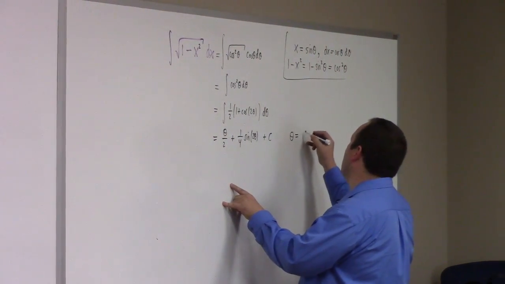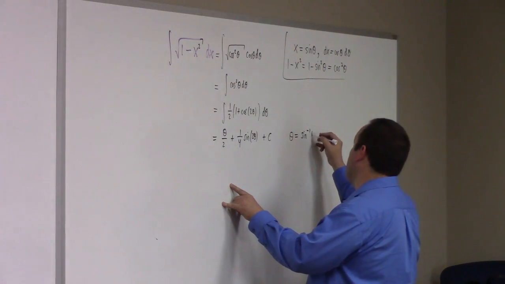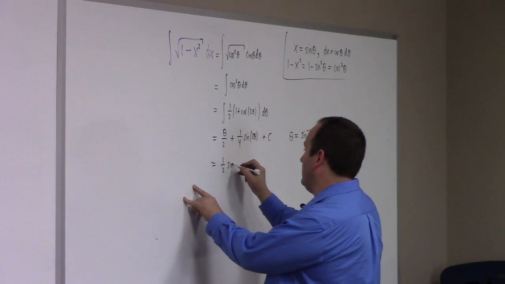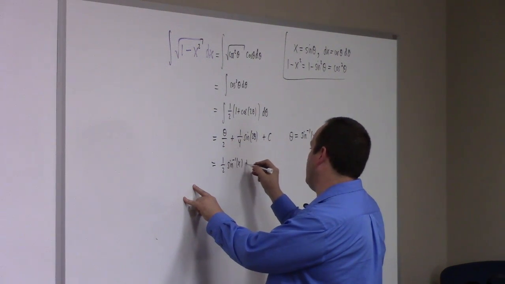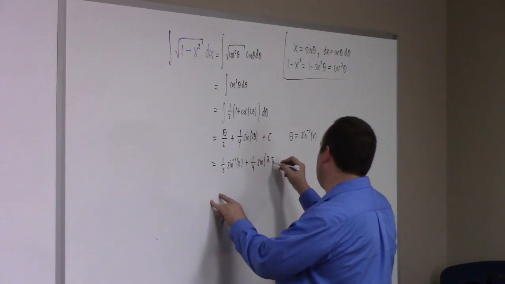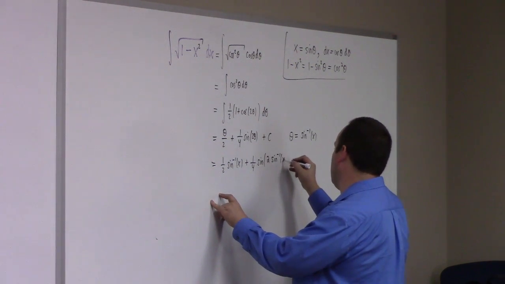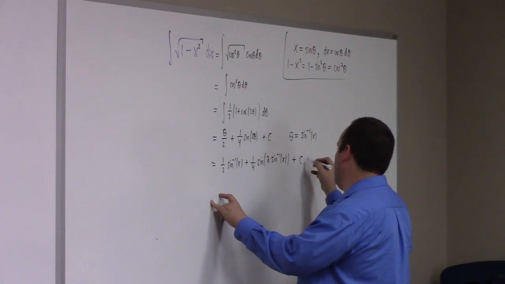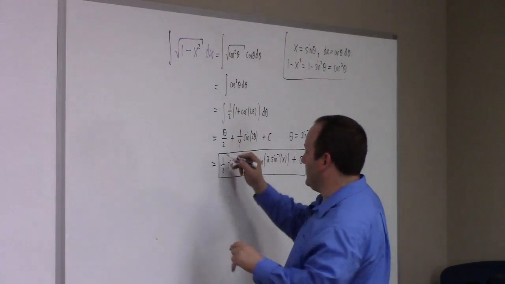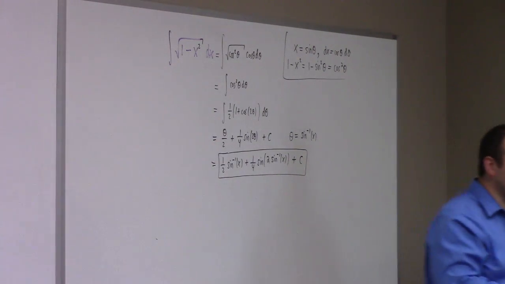Theta is equal to the inverse sine of x in this one. And so we get 1/2 inverse sine of x plus 1/4 the sine of 2 times the inverse sine of x. Now the second term I might be able to simplify, but I'm going to spend my energy simplifying later examples, so I'm just going to leave this answer like this here.